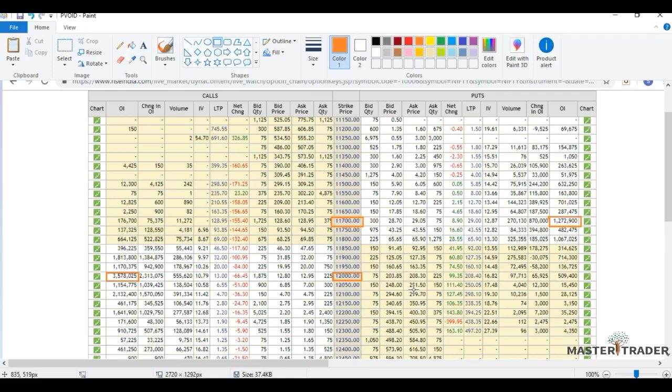Now we spoke about positive. Now what if this data was negative? What if we had negative open interest here? If we come to this change in OI, a few columns you see positive and a few columns you see negative, right?